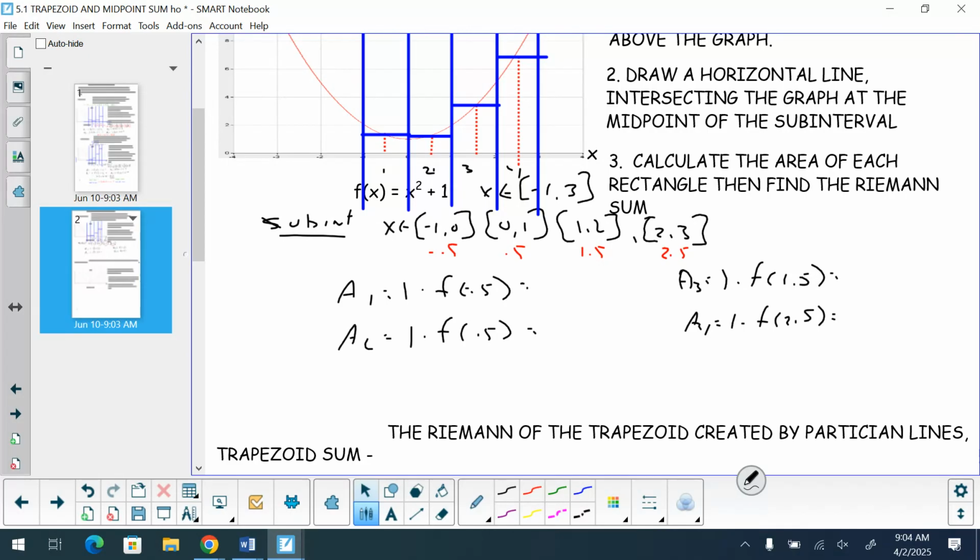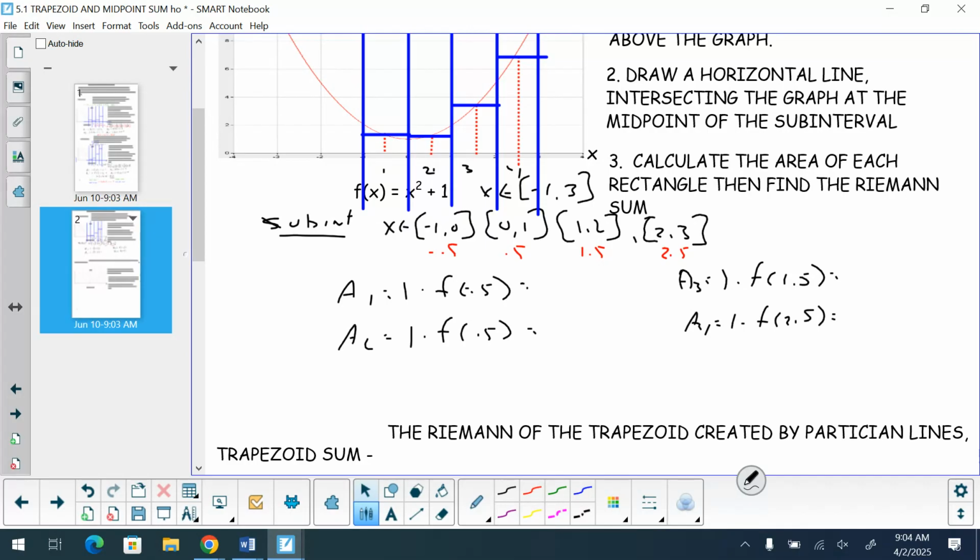So now, once again, this is where your calculator comes in handy. We have our function values, f of x equals x squared plus 1, as our y1. We can now calculate, well, what's our function value at 0.5, at -0.5? Well, we're squaring 0.5, which is 0.25, plus 1.